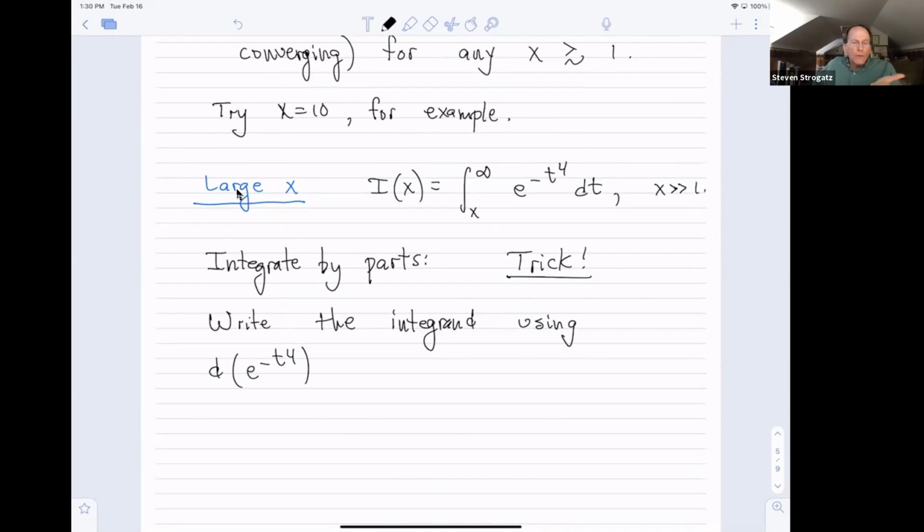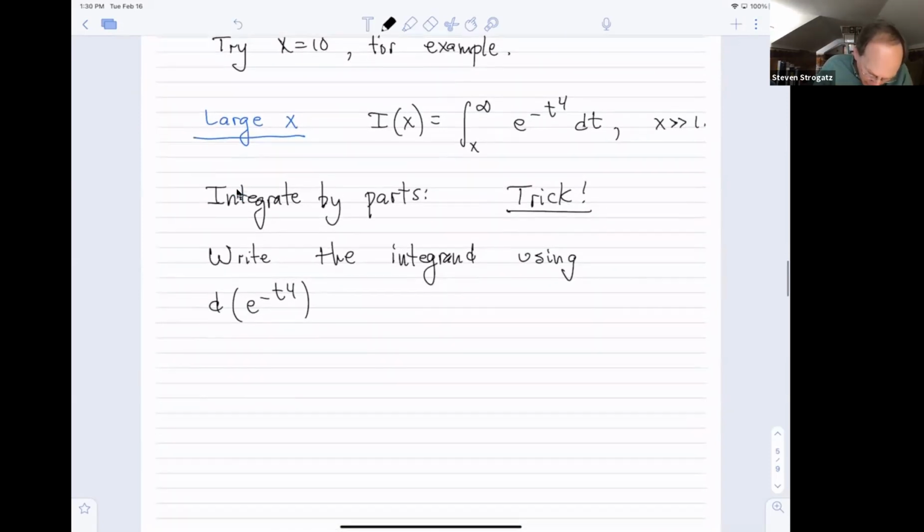If I expand the differential of e to the minus t to the 4th, I would get e to the minus t to the 4th times a chain rule term from differentiating the exponent, d of minus t to the 4th, which is e to the minus t to the 4th times minus 4t cubed dt.